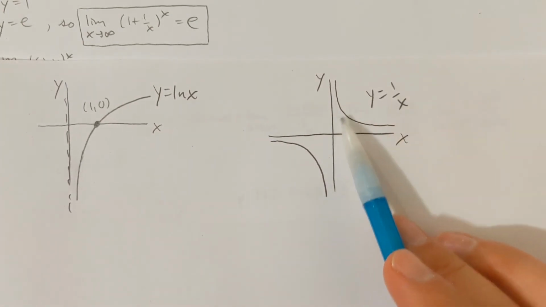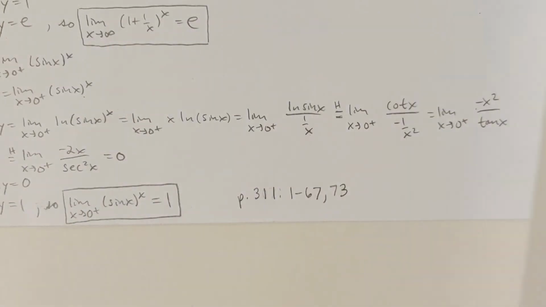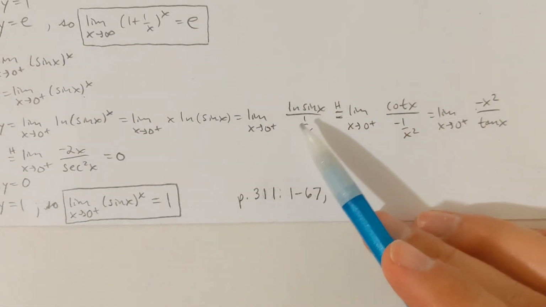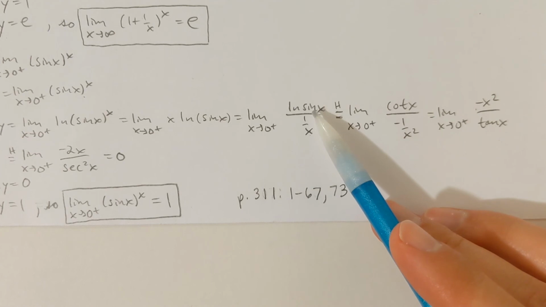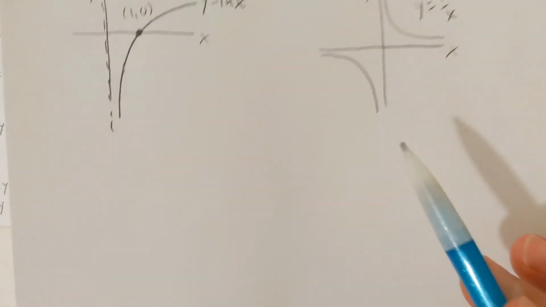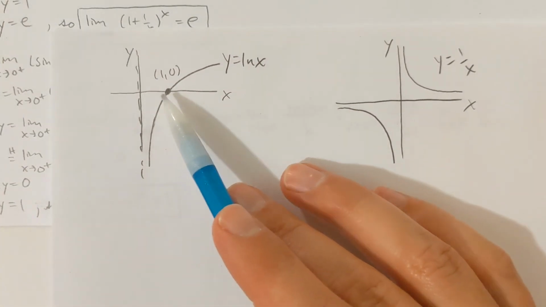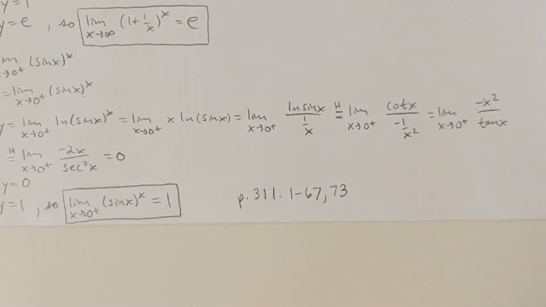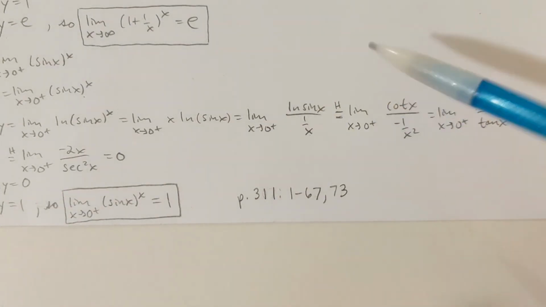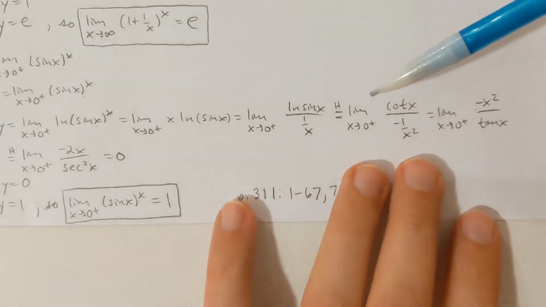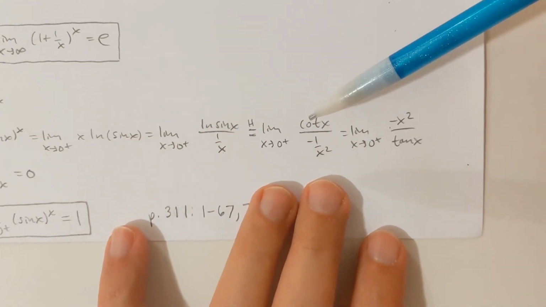If I'm on the right side of 0 there, the y values are increasing without bound. Sine of 0 is 0. The ln of x, if you're approaching 0 from the right, would be negative infinity. So yeah, you're in indeterminate form here, negative infinity over infinity, and you can use L'Hopital's rule then.